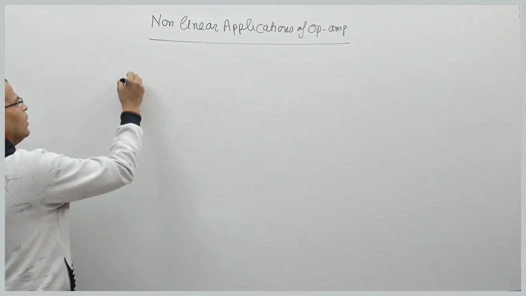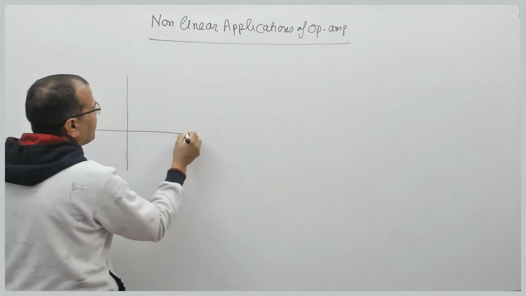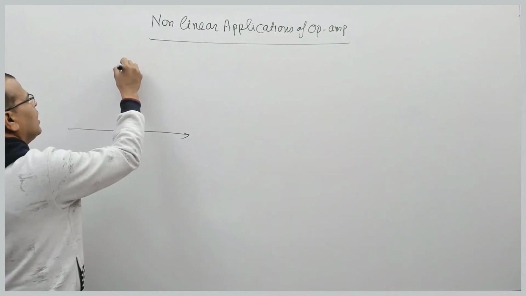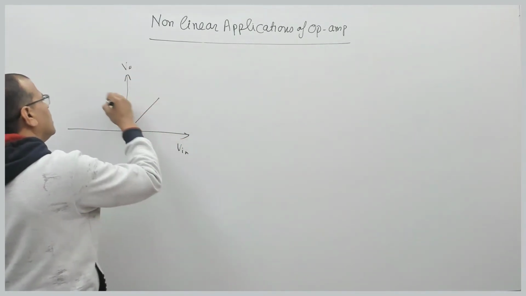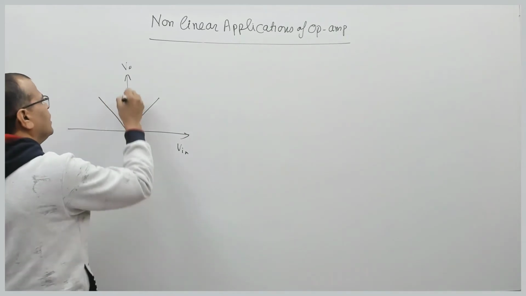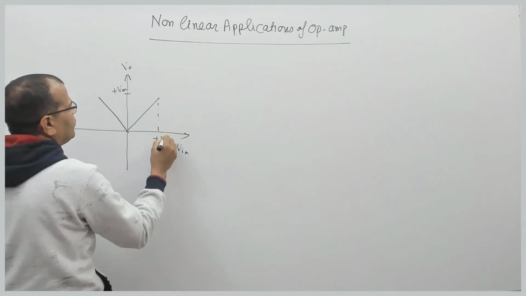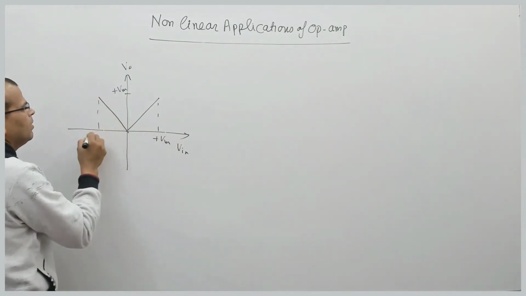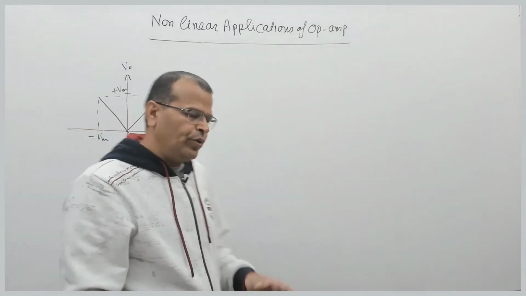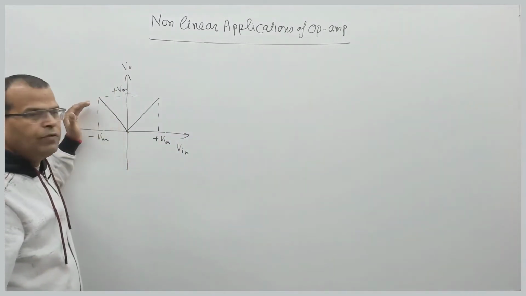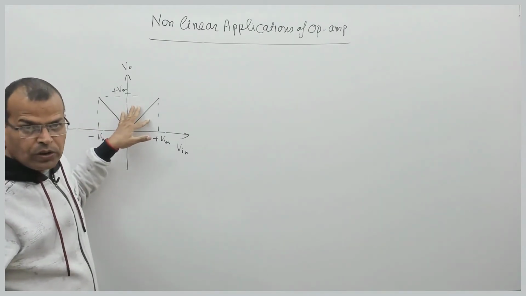We know what the characteristics of a full wave rectifier are. This is output, this is input, and these are the characteristics. We have just seen this is plus Vm, this is plus Vm, this is minus Vm. These are the characteristics, right? So during the negative half cycle, it is reversed. During the positive half cycle, it goes as it is.